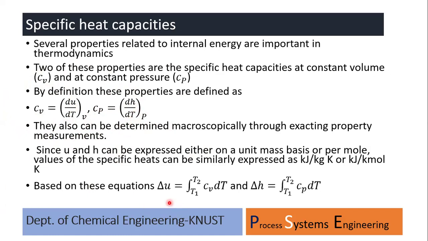Then I can integrate both sides and it will give me the expressions we have down here. So the change in U will be Cv dT. So that's what we have down here. And if I integrate it, it becomes this change, a finite change, right? That's what we call it. We can use this to find the change in internal energy of the material.